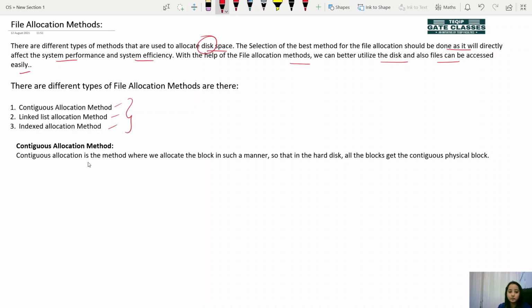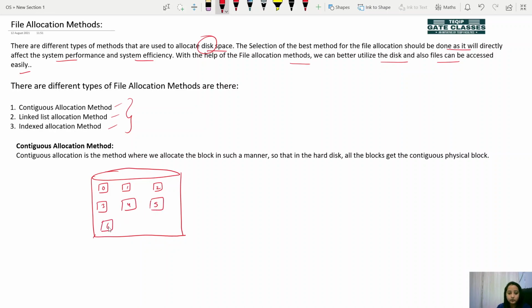So the contiguous allocation method is the method where we allocate the blocks in such a manner that in the hard disk all the blocks get contiguous physical blocks. Suppose I am having the hard disk, and I have different blocks 0, 1, 2, 3, 4, 5, 6, 7.